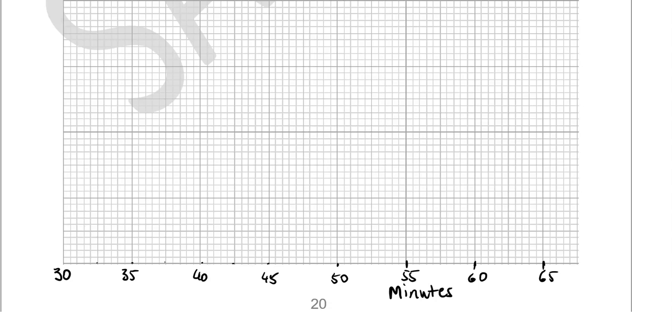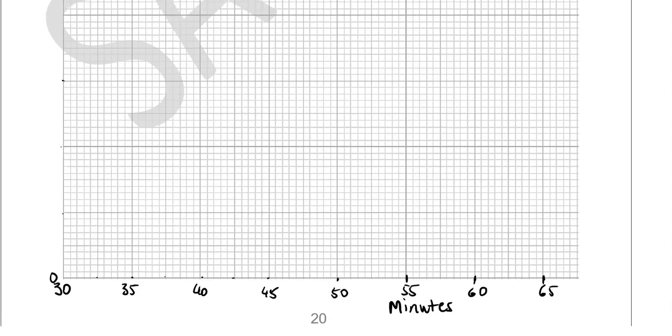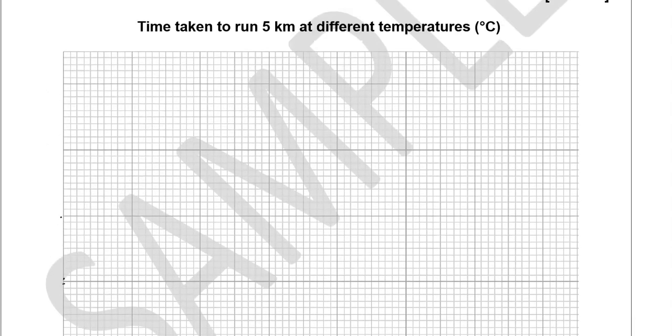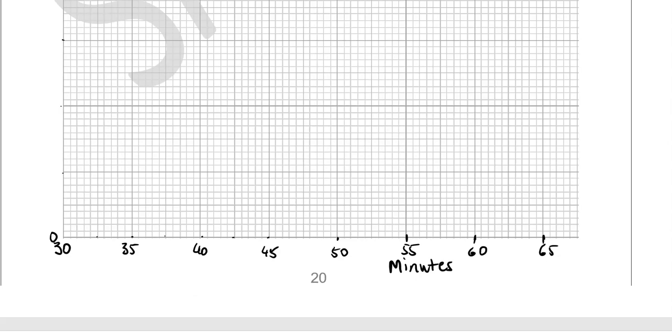In terms of temperature, they range from 6 to 25. So I'm going to start from 0 and then go to 25. We go 5, 10, 15, 20, and 25. That should work.